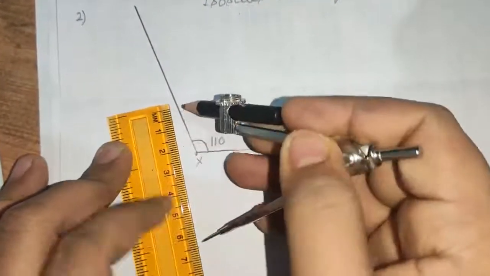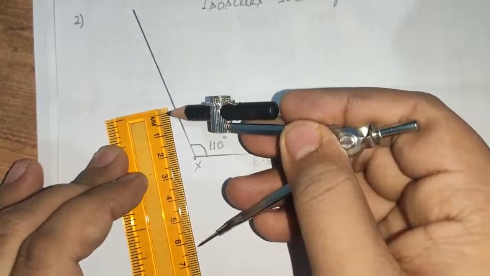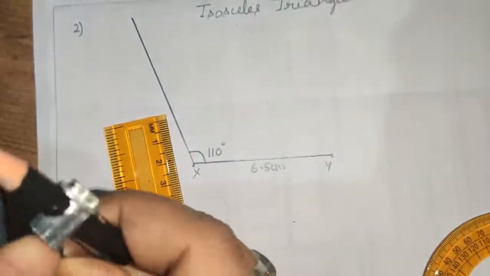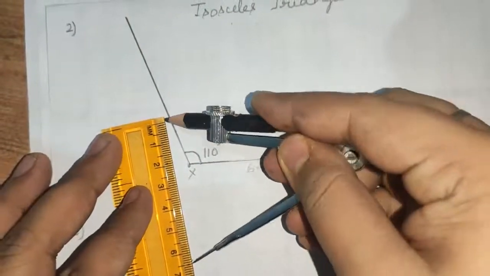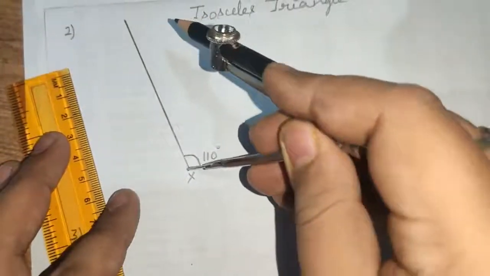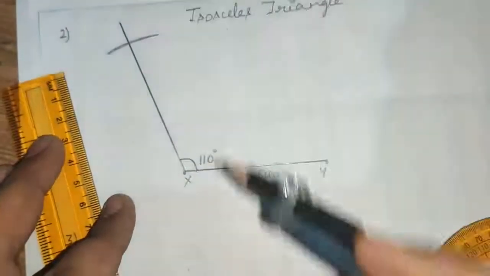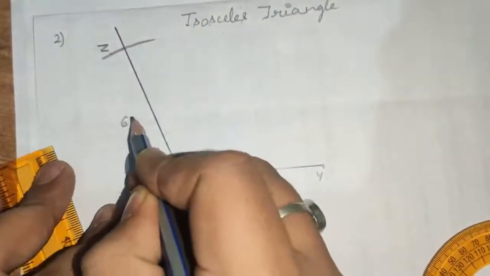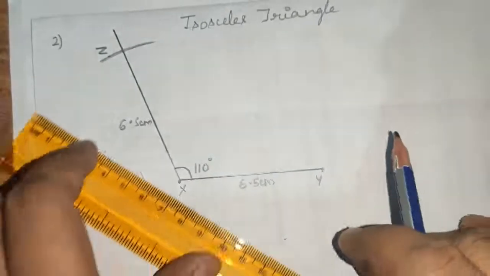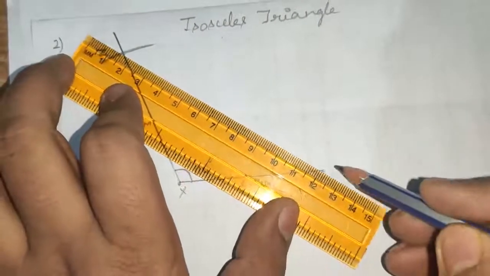Now we have taken it, and after taking this 6.5 we will make an arc. Now here we can write Z. This is 6.5 centimeter. Now join this Z to Y.